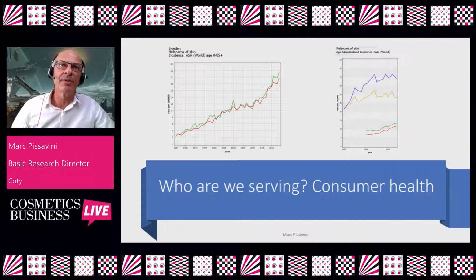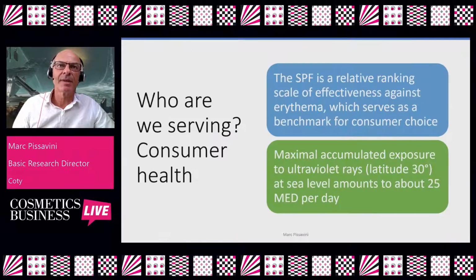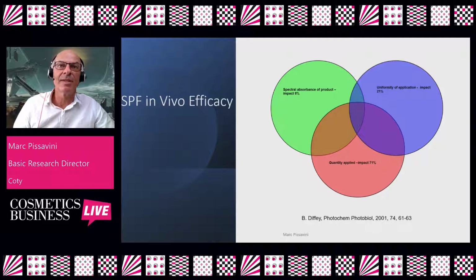So this is another example of the rise of cancer. If you remember, the SPF is a relative scale of effectiveness, and the maximal accumulated exposure to ultraviolet rays at latitude 30 at sea level is about 25 MED per day. Keep that in mind, but also that the SPF in vivo efficacy is not only due to the spectral absorbance of the product.